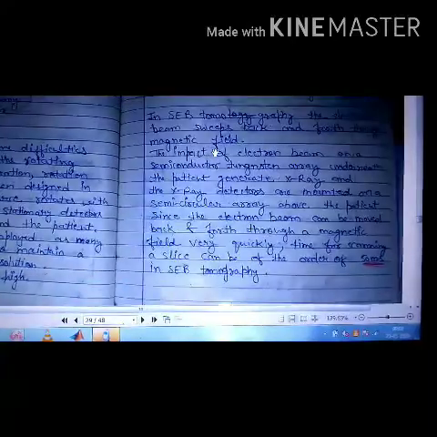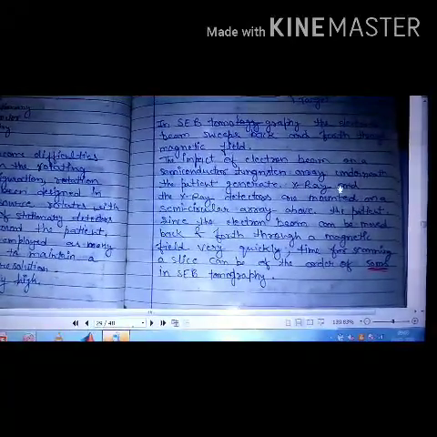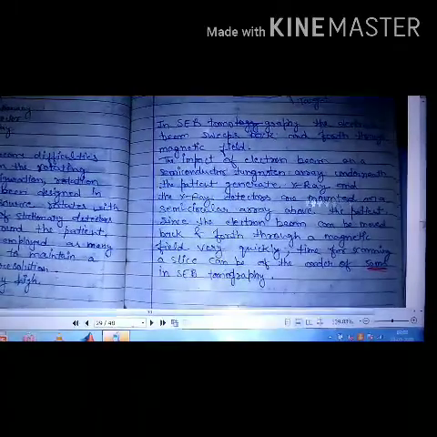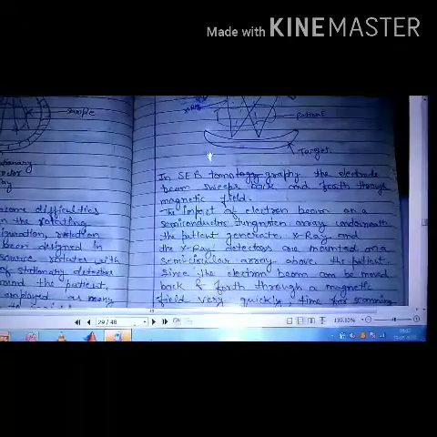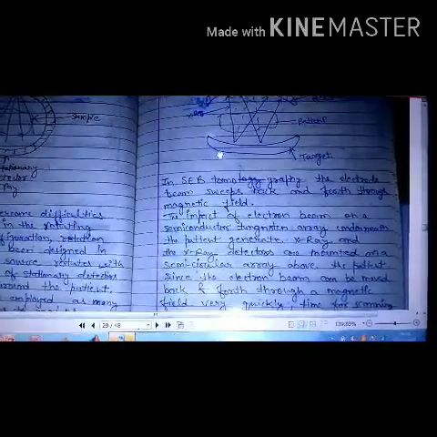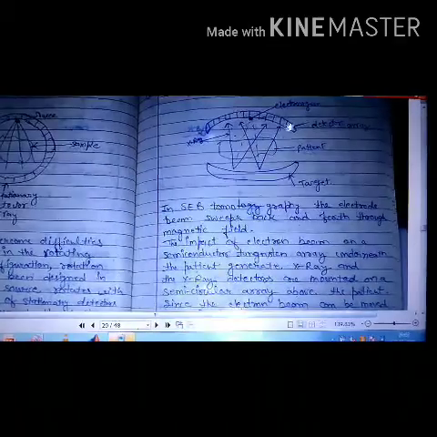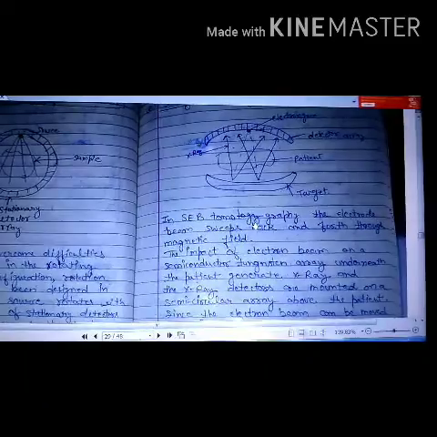The impact of the electron beam on the semiconductor tungsten array underneath the patient generates X-rays, and X-ray detectors are mounted on the semicircle array above the patient. So this is the target on which tungsten beams are placed, and as they are hit they produce the X-rays, and this is the semicircular detector array placed over the patient.